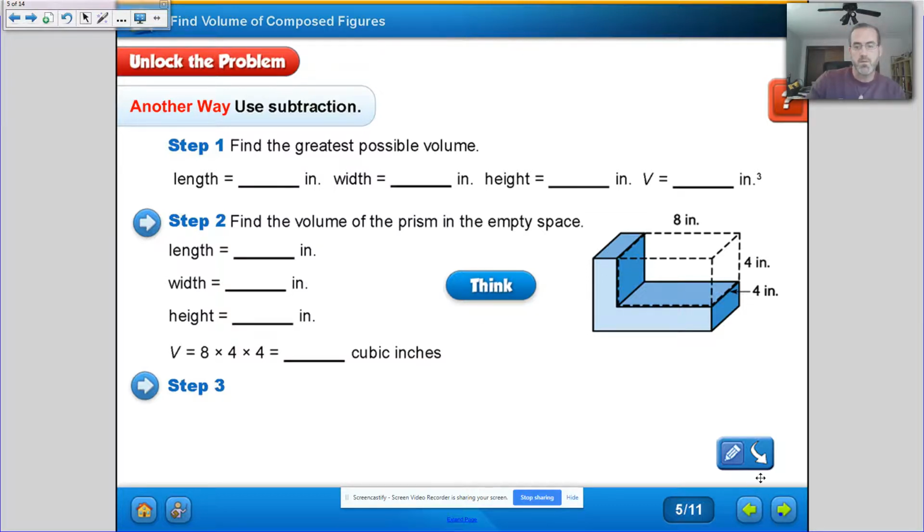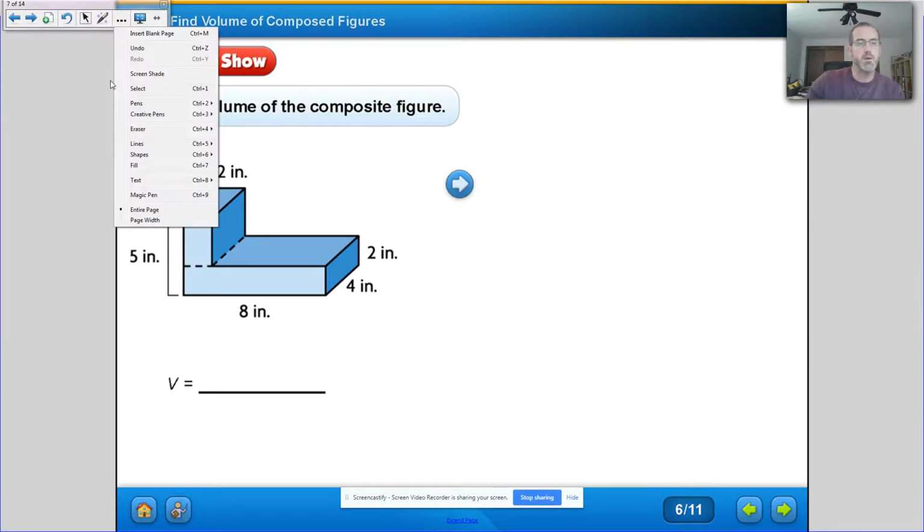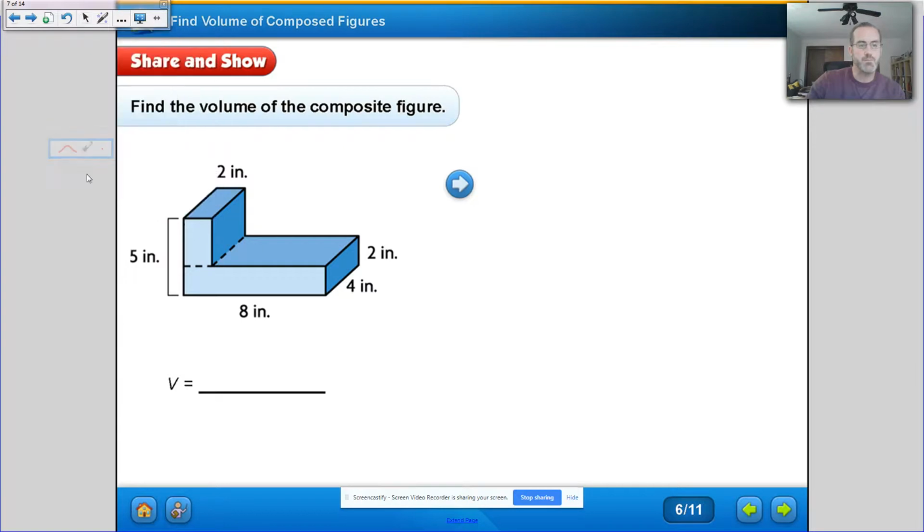What you're going to do is think of this piece as being there, find the overall volume for the whole thing, and then subtract this piece out.